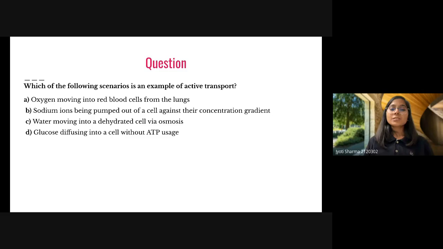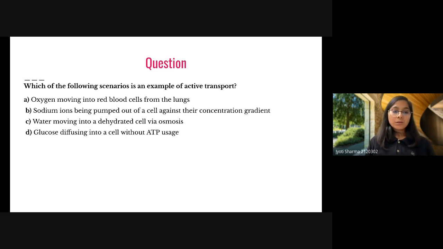Okay, the next question is on active transport. We already talked about this, I think, in the last or last-to-last class, about active transport and passive transport. But again, we have two questions on that. Which of the following scenarios is an example of active transport?